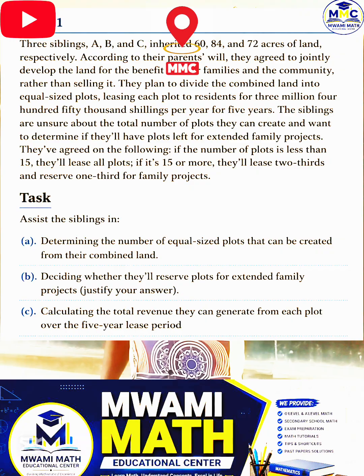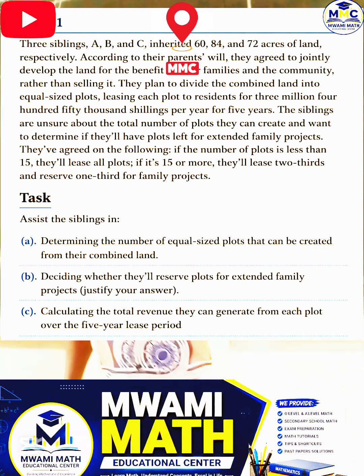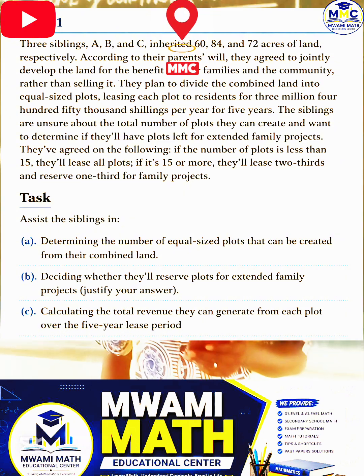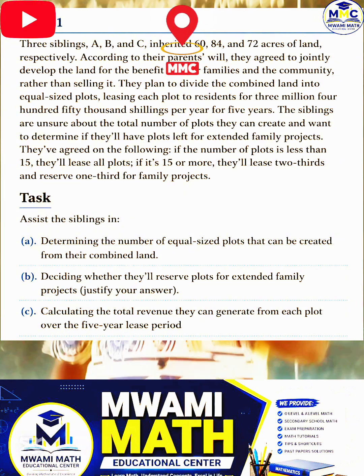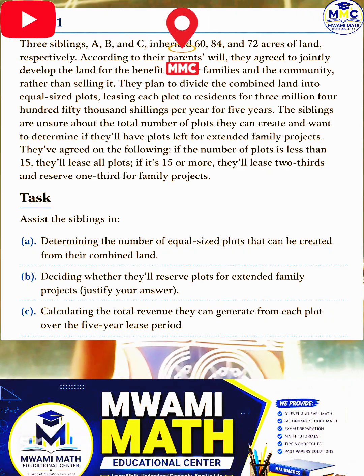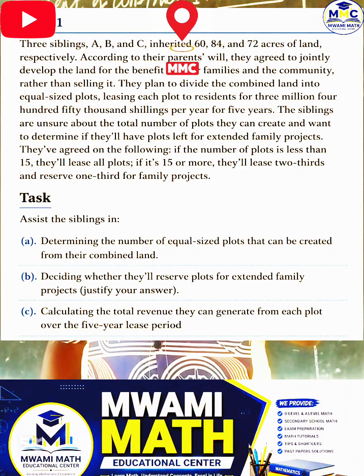They have agreed on the following. If the number of plots is less than 15, they will lease all plots. If it is 15 or more, they will lease 2/3 and reserve 1/3 for family projects.